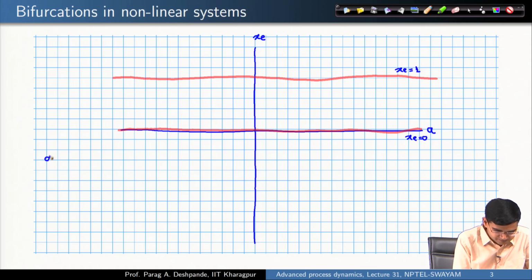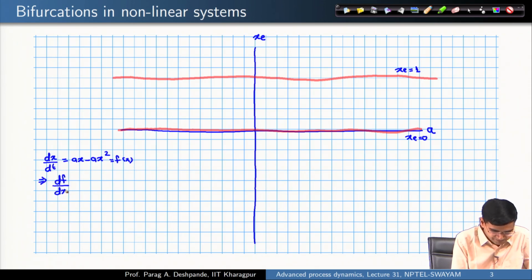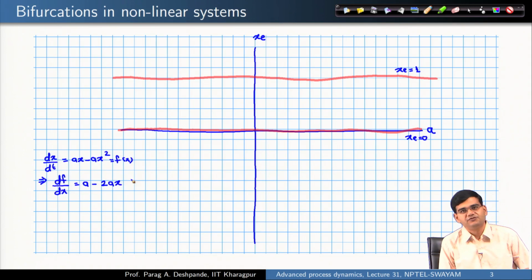So, I have dx by dt is equal to a x minus a x squared, which is equal to f of x, from where I can write df by dx is equal to a minus 2 a x, and this df by dx has to be determined at the equilibrium solutions.